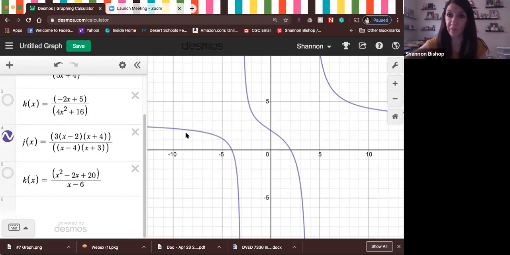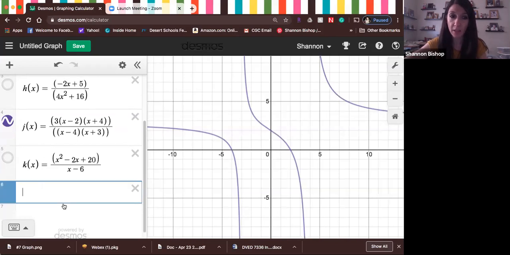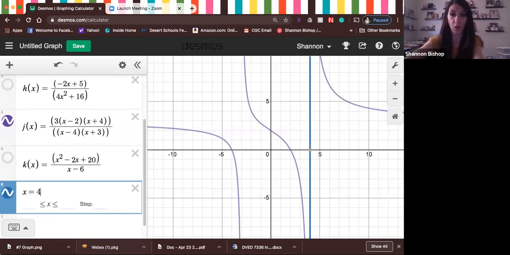So as we move forward, we're going to talk horizontal asymptotes next. But as we move forward, please just know that, for instance, if I was graphing j of x, the expectation would be that you identify exactly where your vertical asymptotes are and that you graph them.